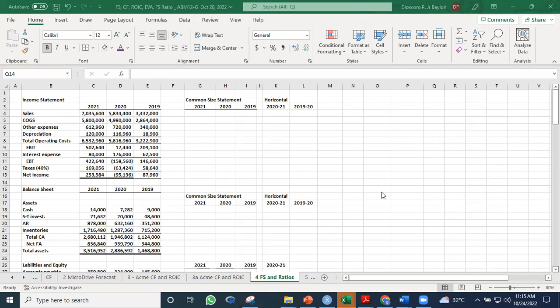For the income statement, all your accounts, sales, cost of goods sold, other expenses, depreciation, etc., will all be compared to your sales. That's what the common size statement is for the income statement.